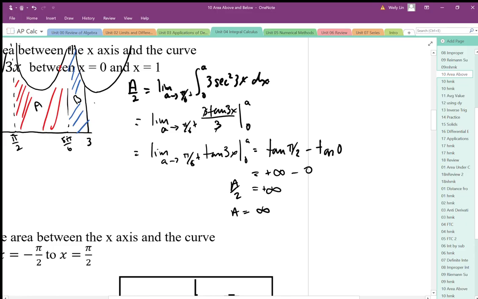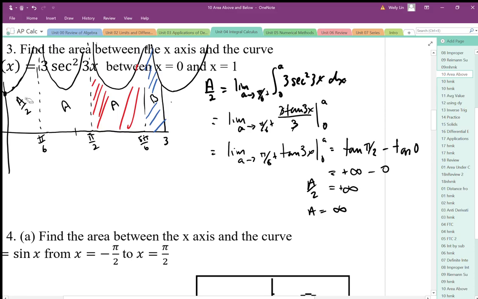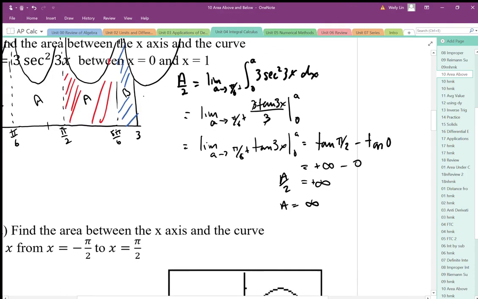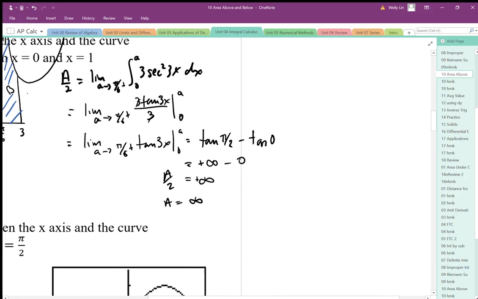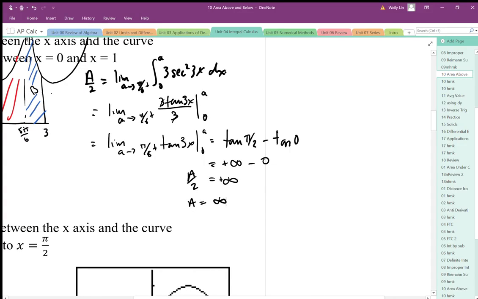Now we really don't need to figure out B, because we already know that the total area is going to be infinite, since we have half A, A. Those are all infinite areas, but we'll just do B anyways. We'll set this up properly; it's good practice for our improper integrals.